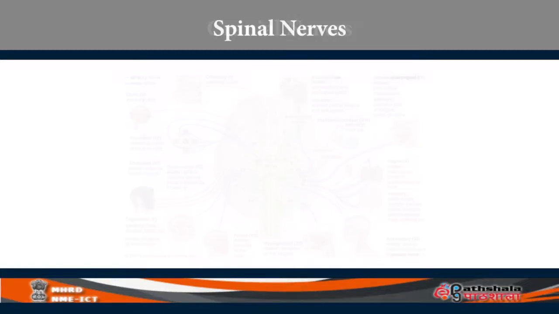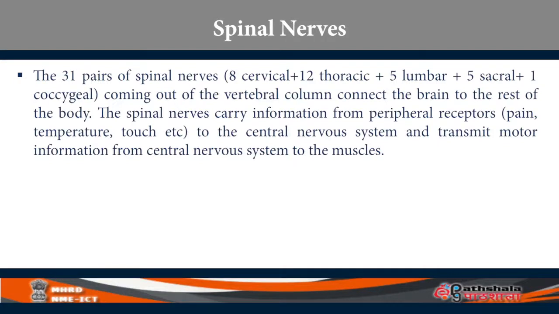Let's move on to spinal nerves. There are 31 pairs of spinal nerves. There are 8 cervical, right, just where the brain stops on your neck area, you have 8 cervical, and then after the cervical vertebrae are over, you have 12 thoracic, 5 lumbar, 5 sacral and 1 coccygeal, the last one.